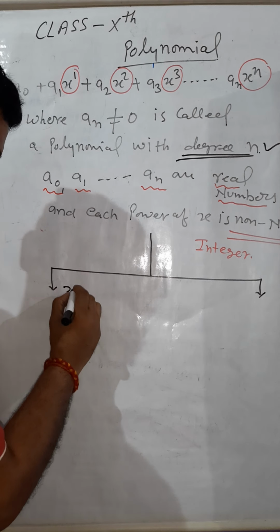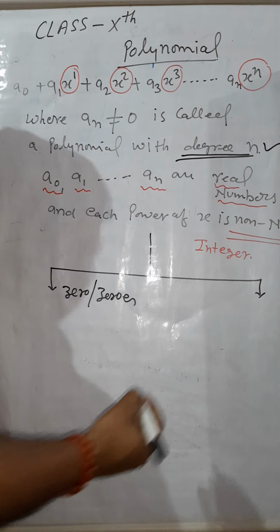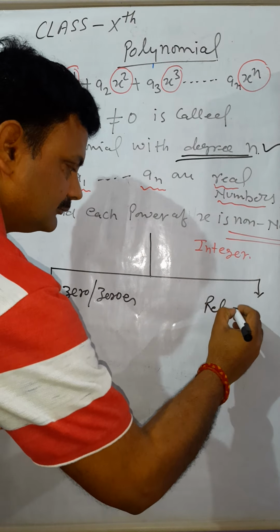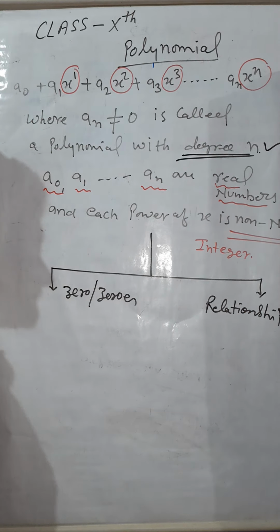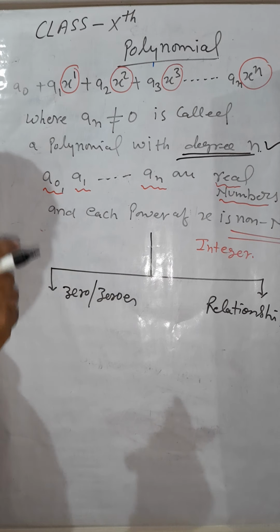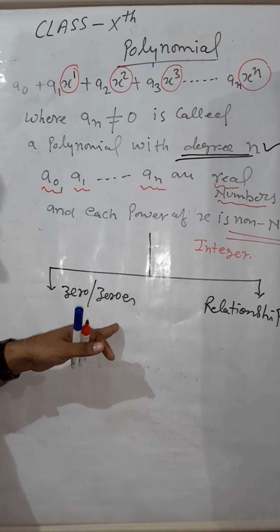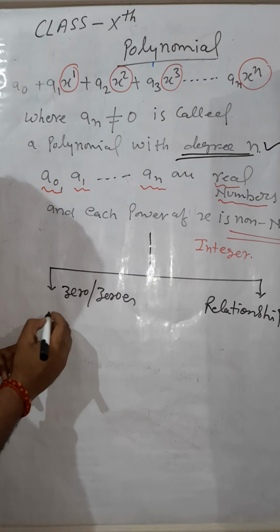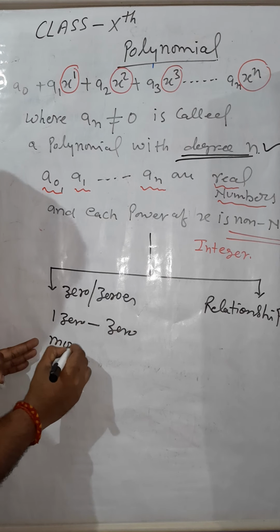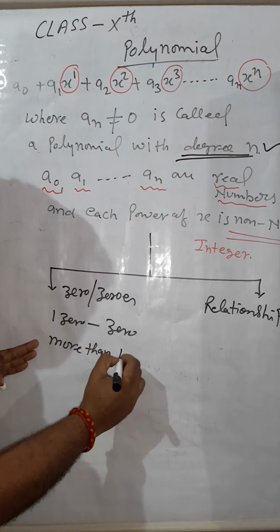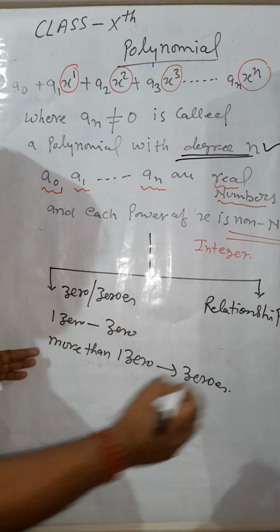So zeros, and the relationship between zeros and coefficients. So zero, only one zero, this is zero; more than one zero, these are zeros.